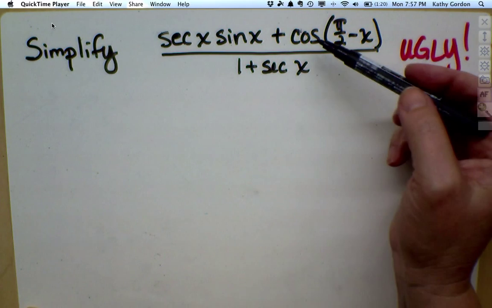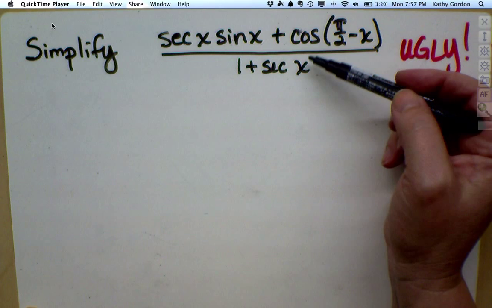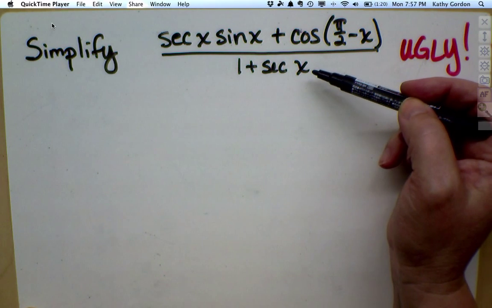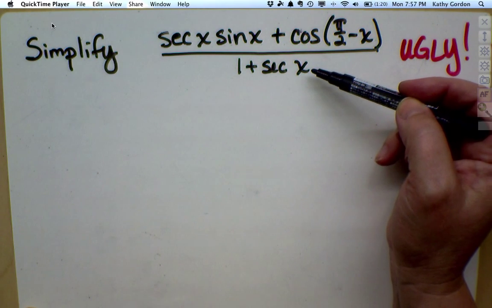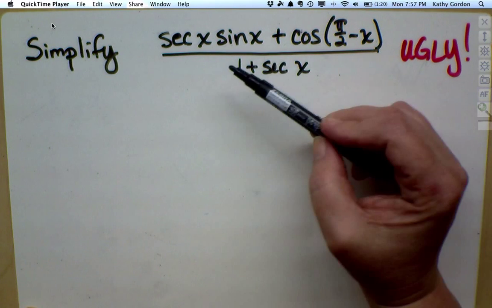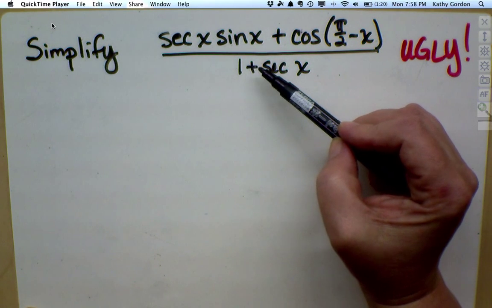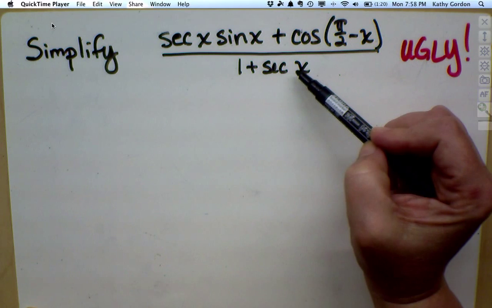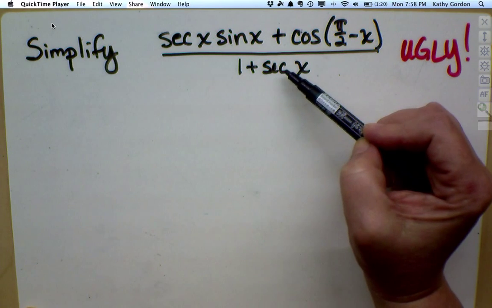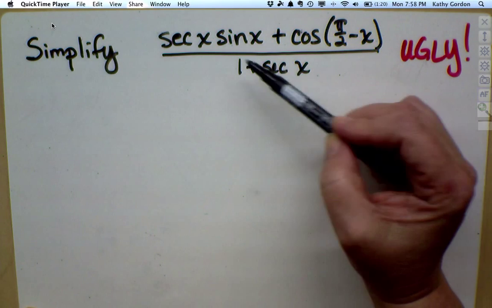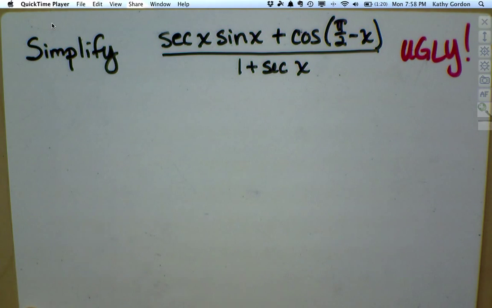Remember that if you're going to cancel something from a numerator and a denominator, it has to be a factor. The fact that I'm taking 1 plus secant does not make secant x a factor, so it cannot be canceled with anything else. So do not try to cancel secant x, at least not at this point.